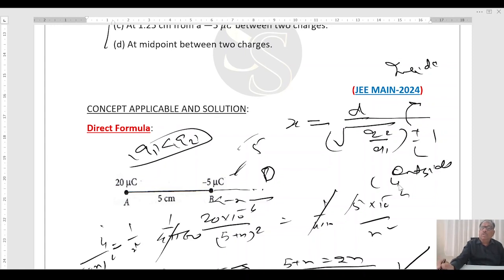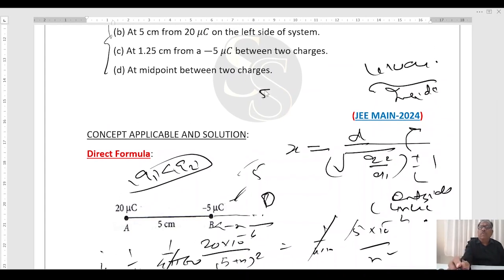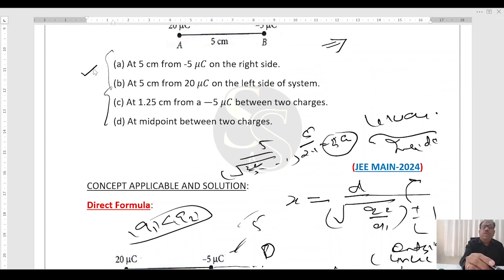Outside happens when there are unlike charges, and this is for like charges. You put it in the formula directly. D is 5 centimeter: 5 upon (under root 20 upon 5, minus 1), so 5 upon (2 minus 1), that is 5 centimeter. So the correct answer is at 5 centimeter from minus 5 on the right hand side, which means x is towards the side which is smaller in magnitude.